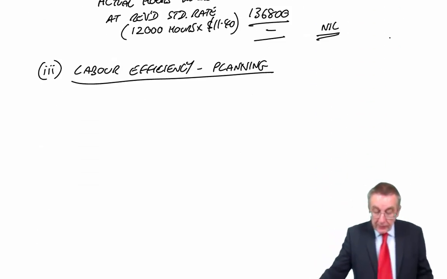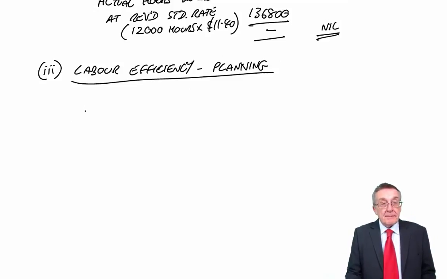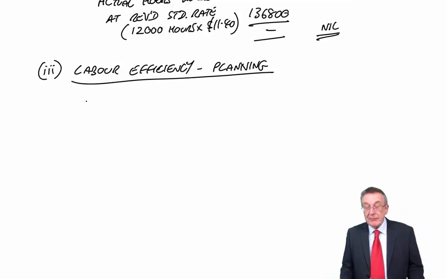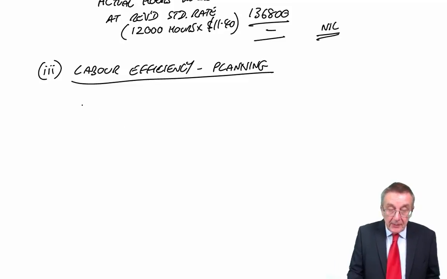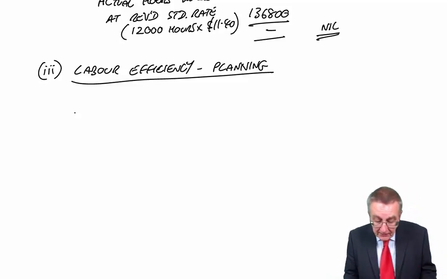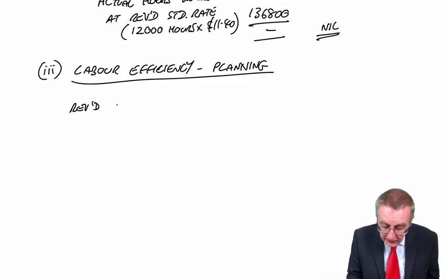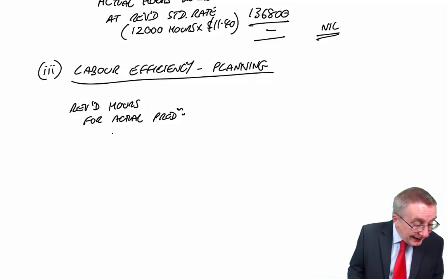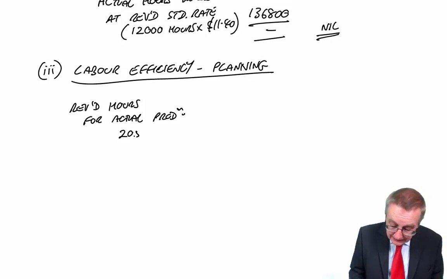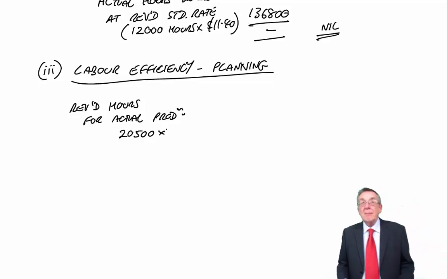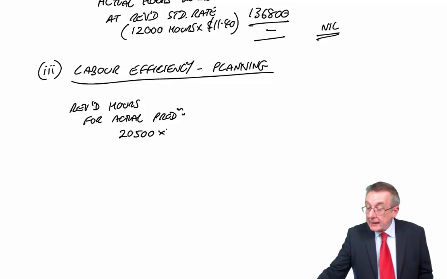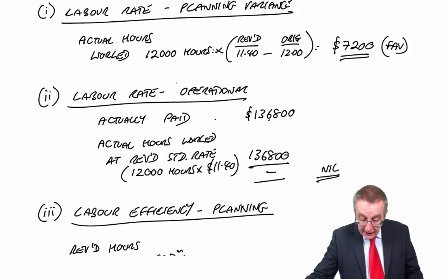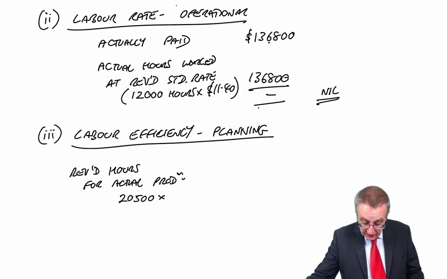Well, to work it out for the planning efficiency, we take the revised hours for the actual production. We actually produced 20,500. And when we changed our plans, how long should we spend on each batch? It was 0.6 hours.